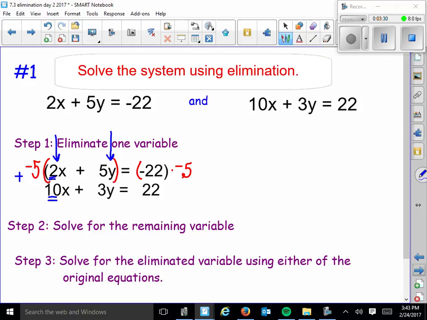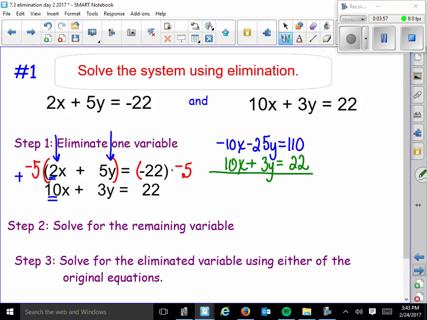The second equation doesn't need to be changed, only the first equation. When I multiply both sides by -5, my new equation is -10x minus 25y equals +110. And the second equation stays the same, 10x plus 3y equals +22.